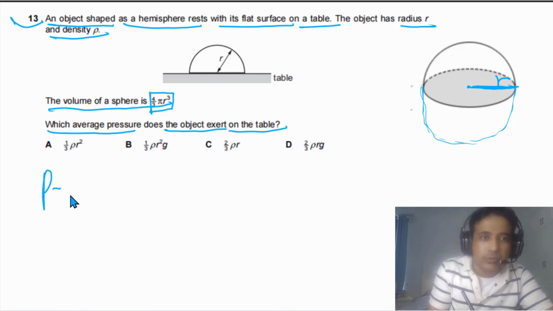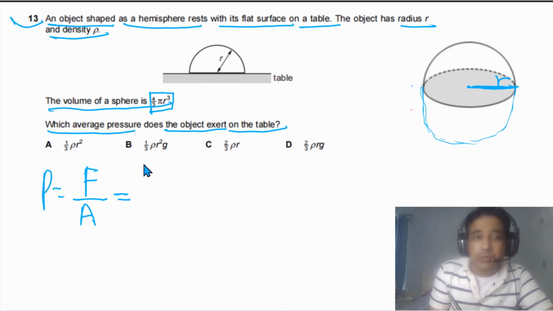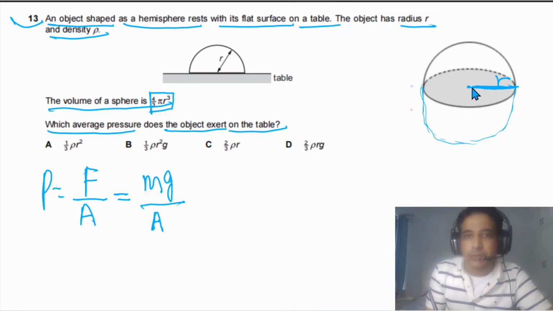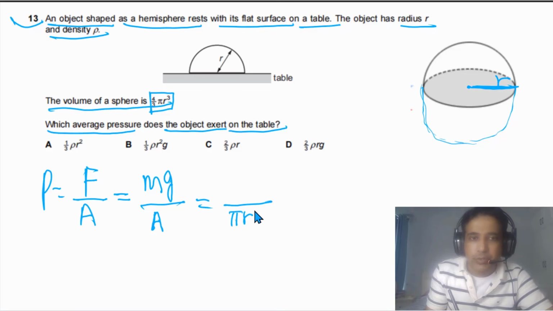P simply is equal to the force exerted on the table over the contact area. And the force exerted on the table in this case is equal to the weight of the hemisphere, divided by the area in contact with the table. The area in contact with the table is the area of this circle, so A will be equal to pi r squared. And the weight will be equal to density times volume times g.